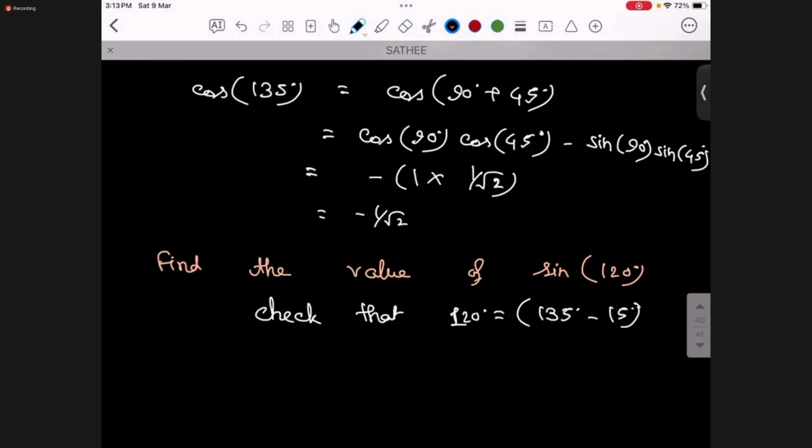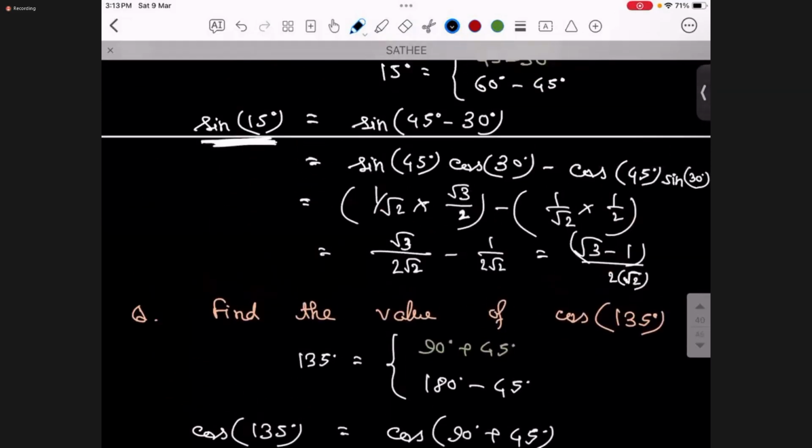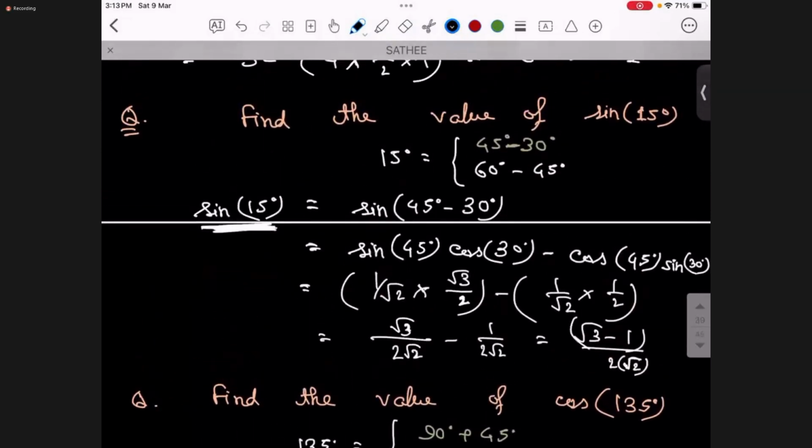So sin 120 can be termed as 135 degree minus 15 degree. Now, as we proceeded for the case of cos 135, we can proceed in a similar way to get the value of sin 135, and we have already obtained the value for sin 15 degree.